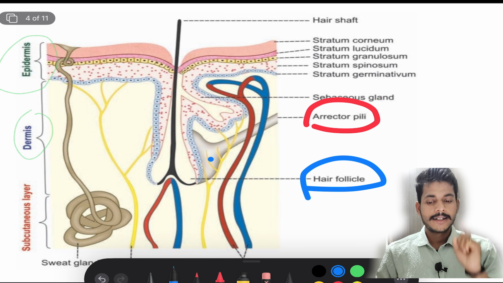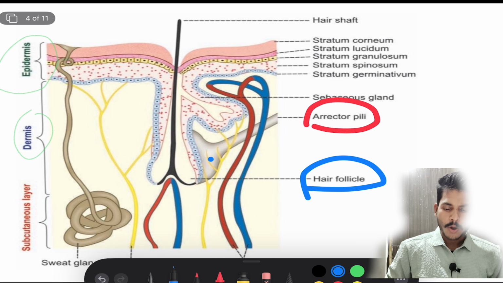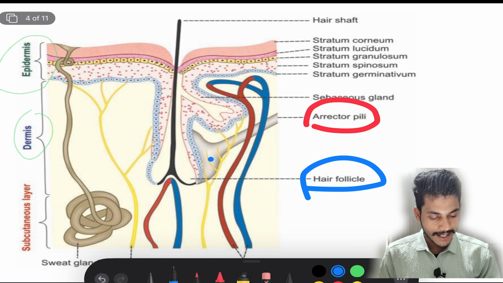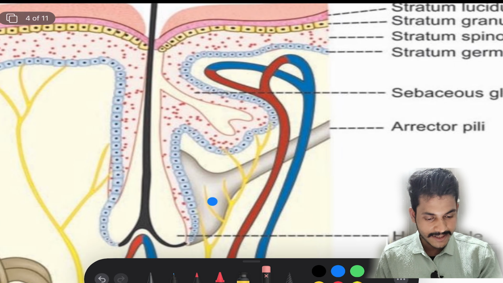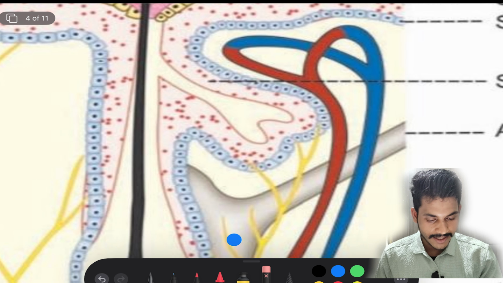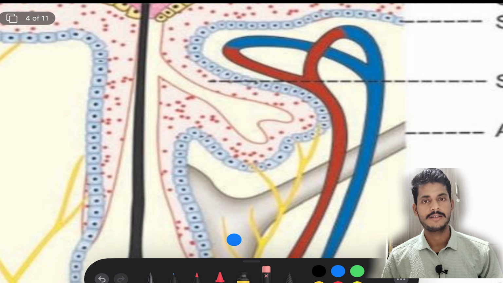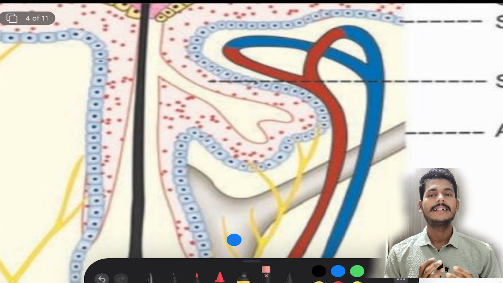And remember that acne arises due to the blockage of this sebaceous gland. Now, the important thing to pay attention to is that around this sebaceous gland there is the presence of some microflora. You know that some bacteria are normally present on our body, and that is not harmful.